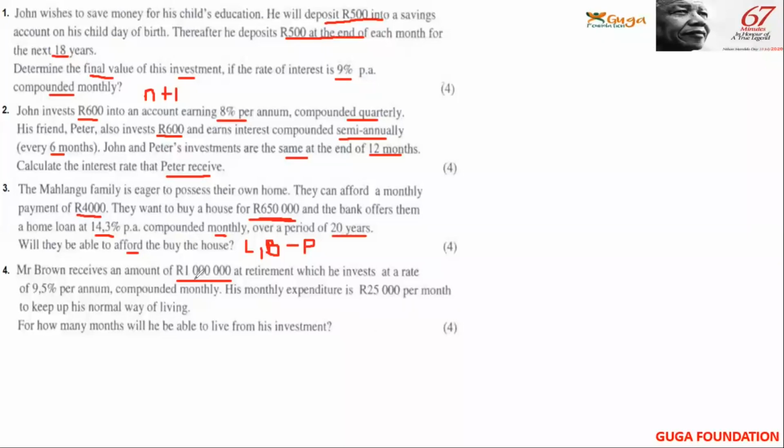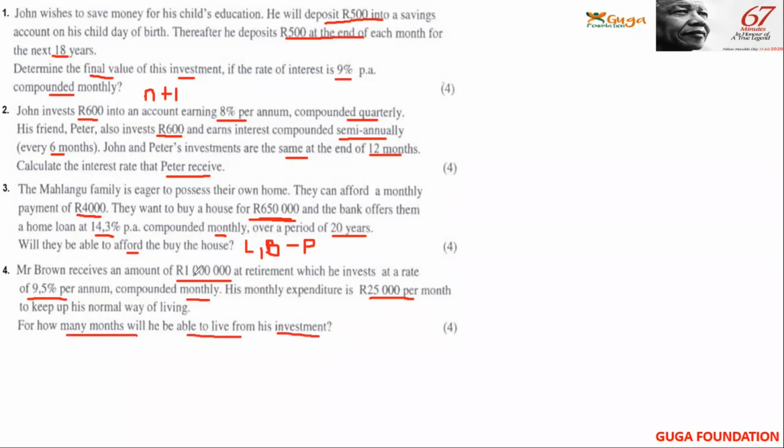Mr. Brown received an amount of 1 million at retirement, which he invests at a rate of 9.5% per annum, compounded monthly. This monthly expenditure, okay, this is your X, right? This monthly expenditure per month to keep up his normal way of living. For how many months will he be able to live from his investment?